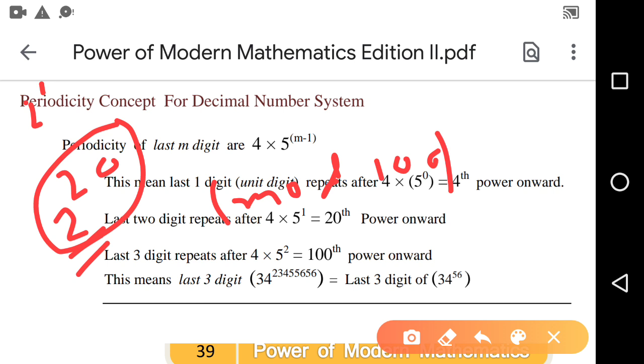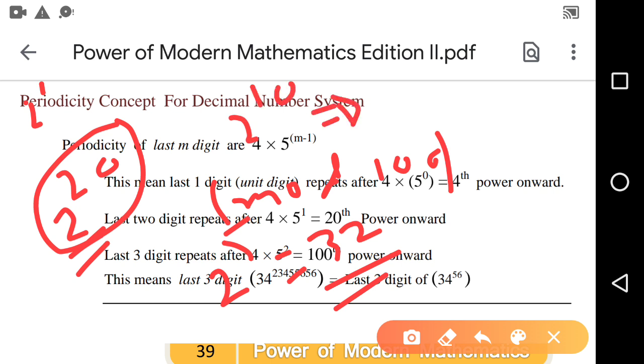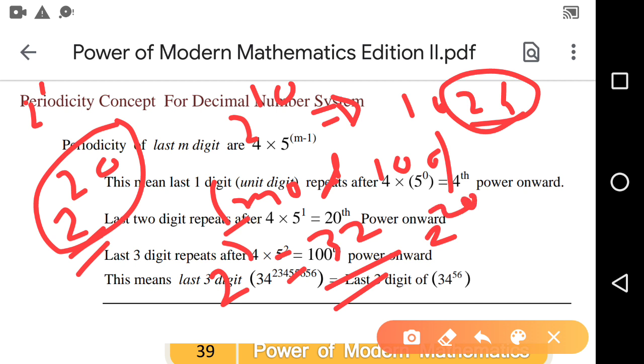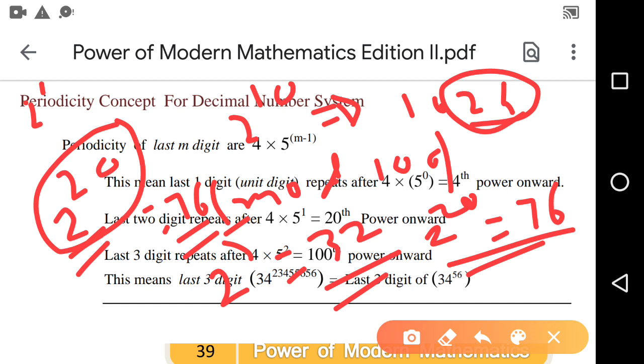So according to the Chinese remainder theorem, 2 raised to 5 is 32, friends. So 2 raised to 10 is 32 squared, that is 1024, so it ends with 24, and 2 raised to 20 ends with 76. And 76 raised to any power always ends with 76 as well.